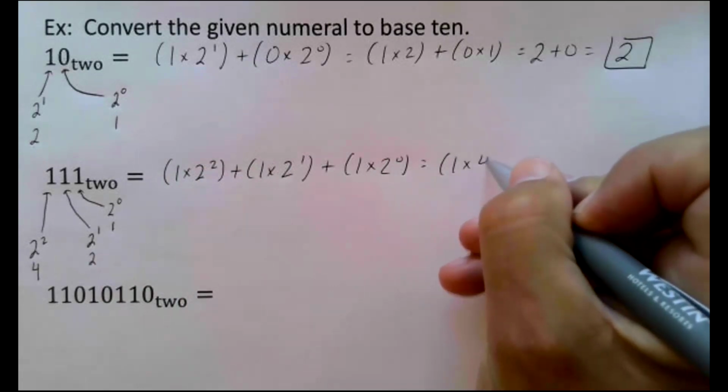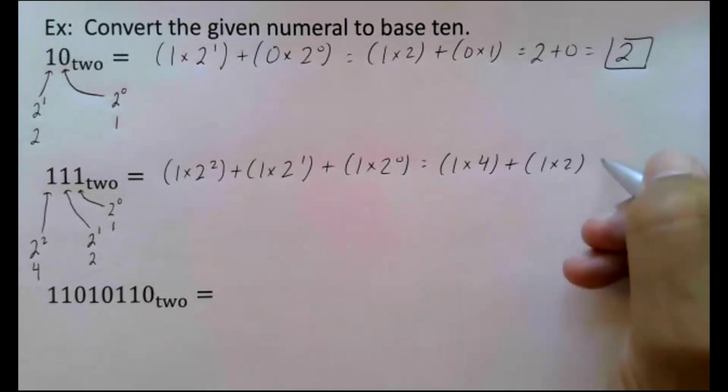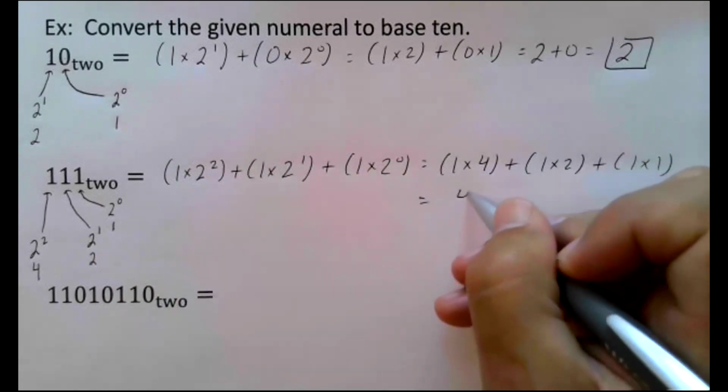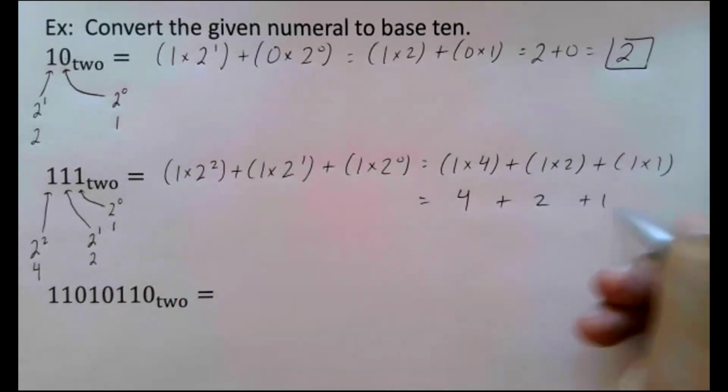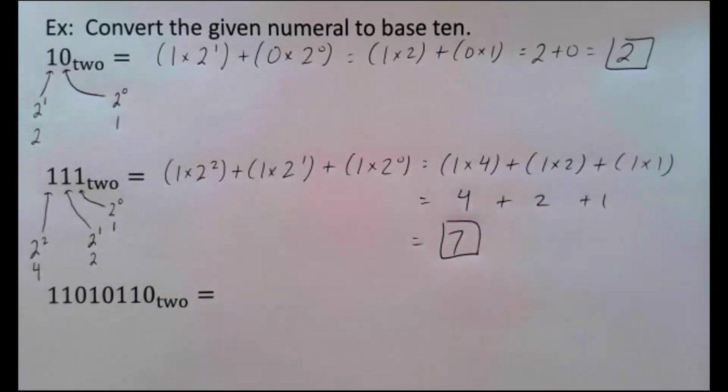That means I have 1 set of 4, since 2 times 2 is 4, 1 set of 2, and 1 set of 1. Of course, that means I have 4 plus 2 plus 1, which we would call 7. So in our world, the number 7, we would call 7. If we wanted to translate that into the base 2 number system, it would be written as 111.